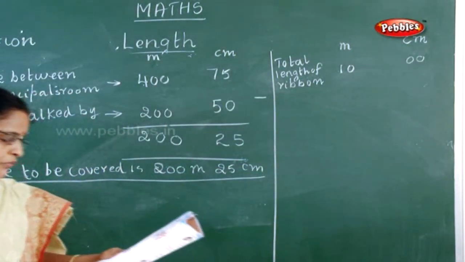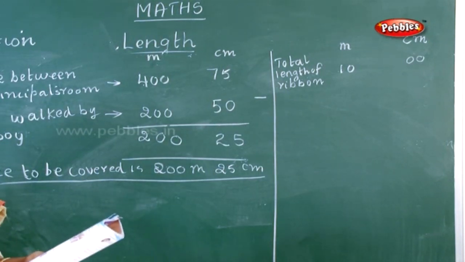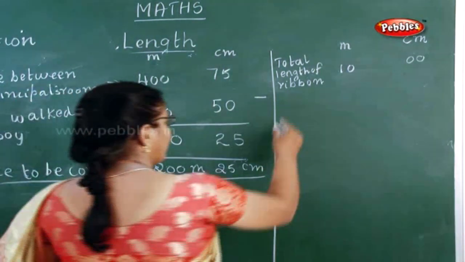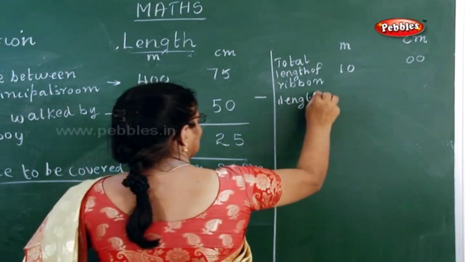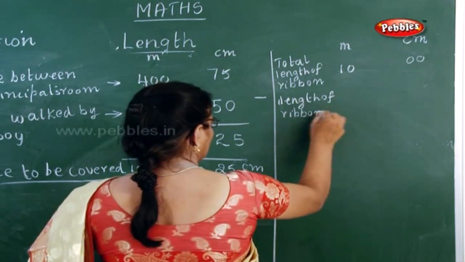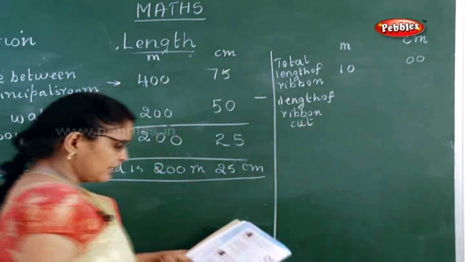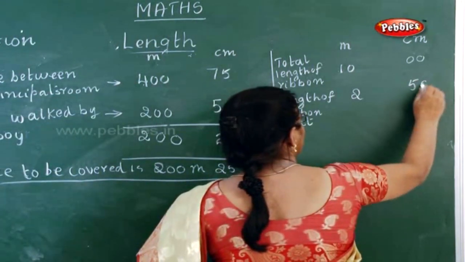Now what is given in the next line? If she cuts a piece of ribbon measuring 2 meter. So you can write length of ribbon cut. What is the length of ribbon cut? It is 2 meter and 50 centimeter.